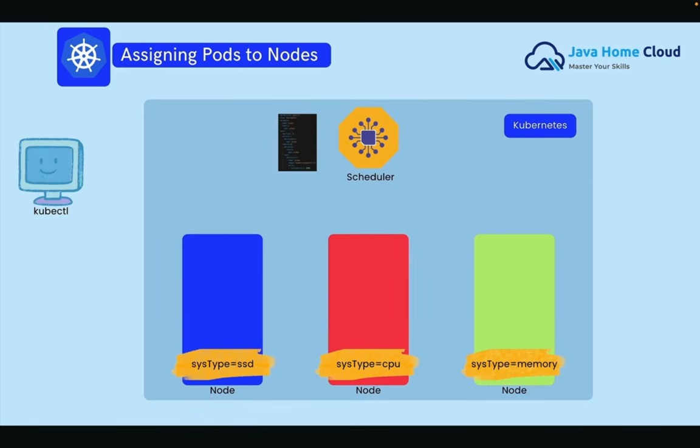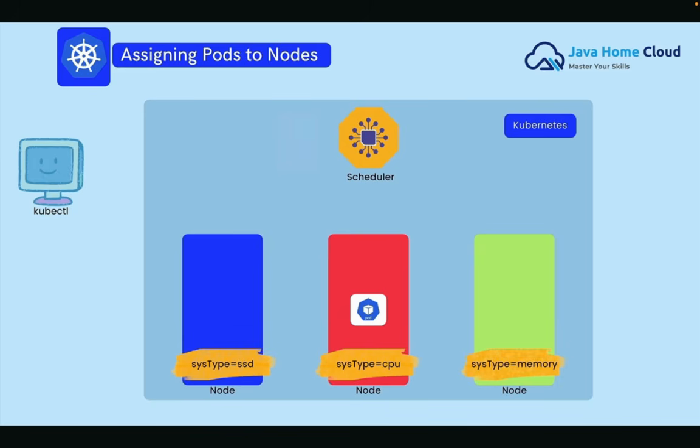So here we want to explicitly tell the scheduler, please deploy it on the node which is CPU optimized. Accordingly, the scheduler will deploy it on the node which is CPU optimized. This is what we are going to see in the practical demonstration.